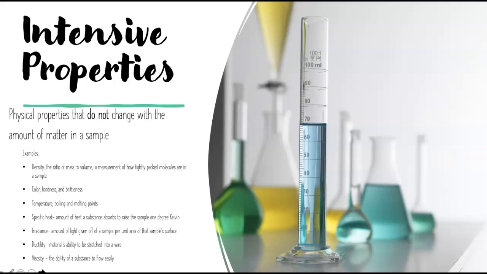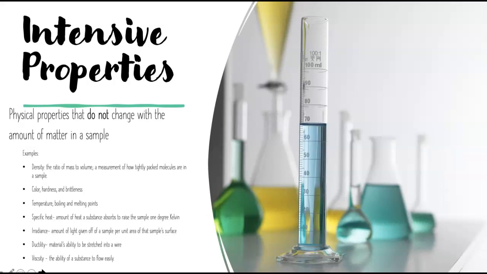Some physical properties are what we would call intensive properties. And that means that they do not change with the amount of matter in the substance. So if I had, for example, gold, if I had one tiny speck of gold, its density would be the same as if I had a whole truckload of gold.